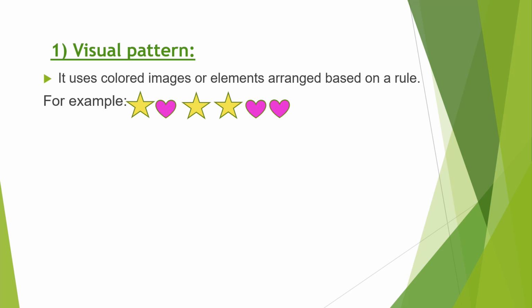From its name, visual, it means it uses colored images or elements arranged based on a rule. Here we have an example: star, heart, star, star, heart, heart. What did you notice?